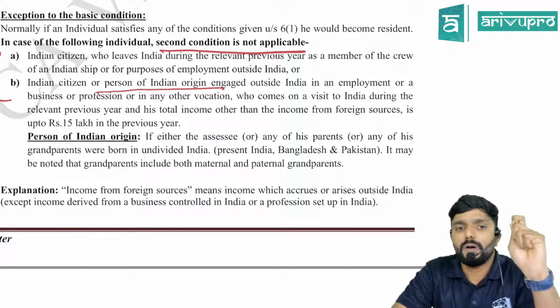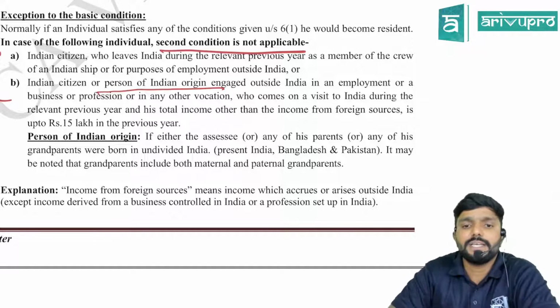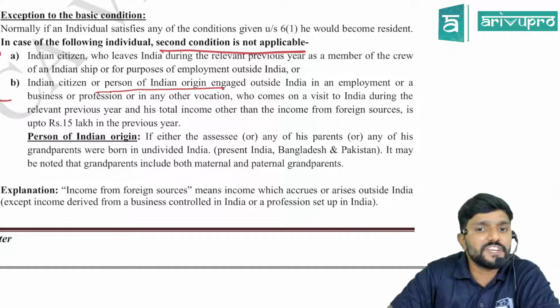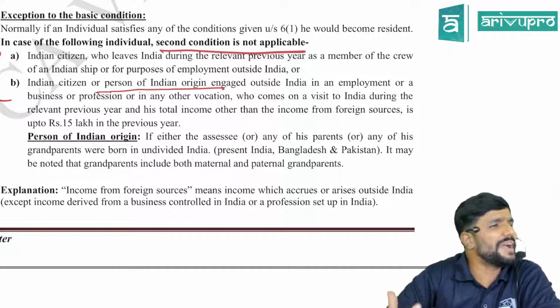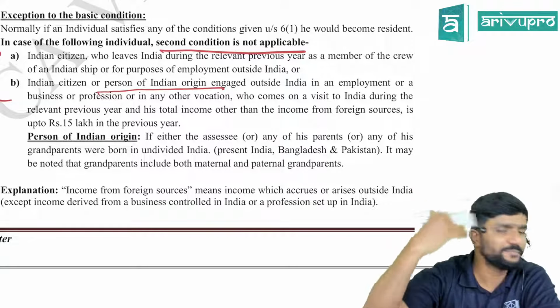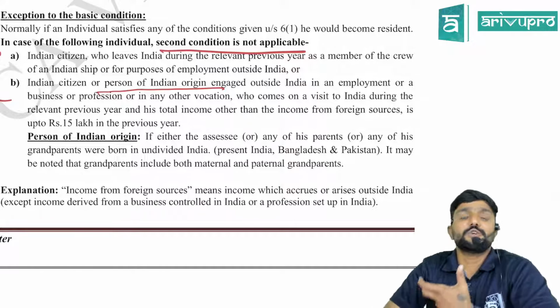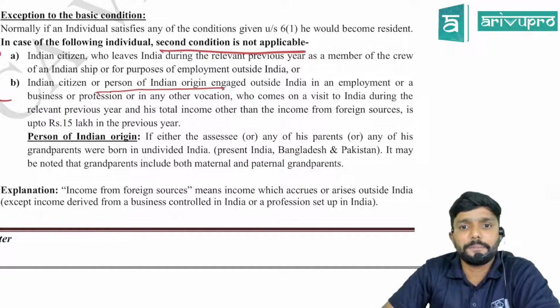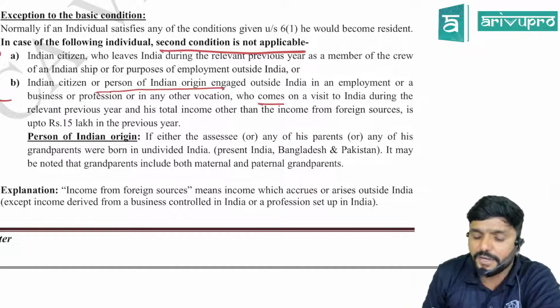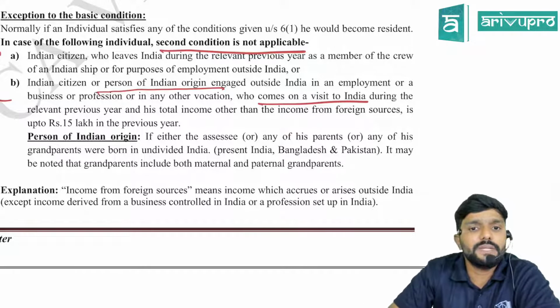An Indian citizen or a person of Indian origin engaged outside India in employment or a business or a profession or in any other vocation. Vocation means where you have a strong passion. Sir, I was a dancer, I was a musician there, like that. Or sportsman. So vocation is something which you do by passion. Who comes on a visit to India. So they are coming to India for a visit during the relevant previous year.